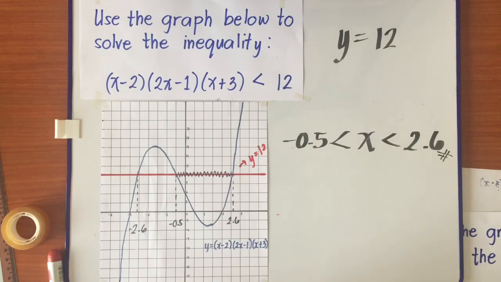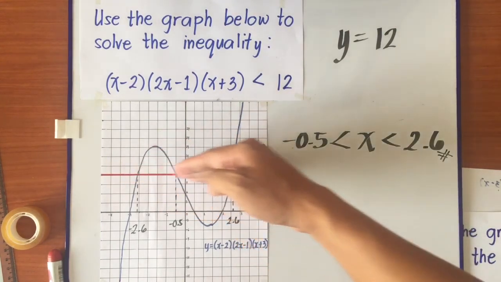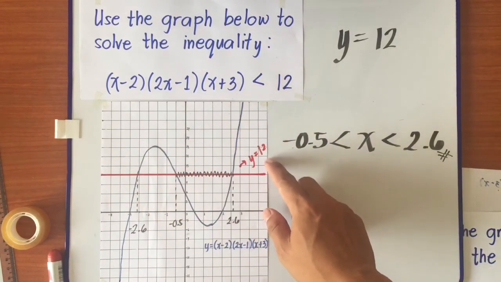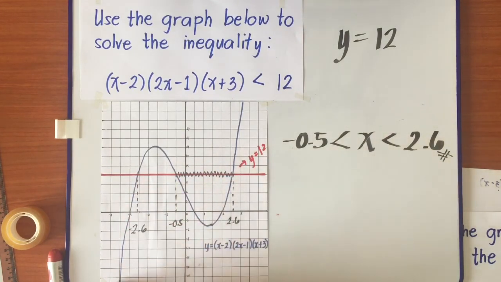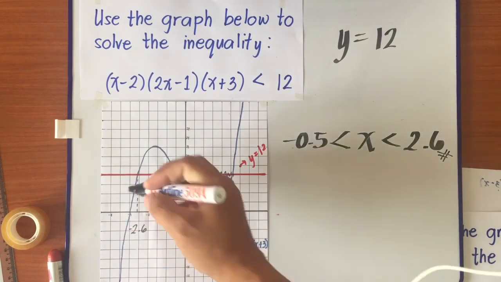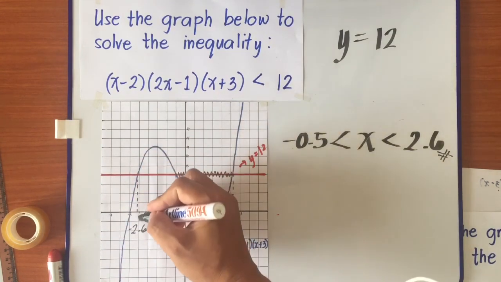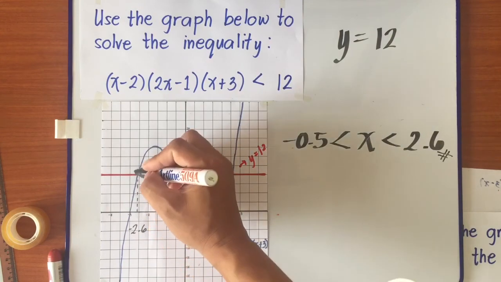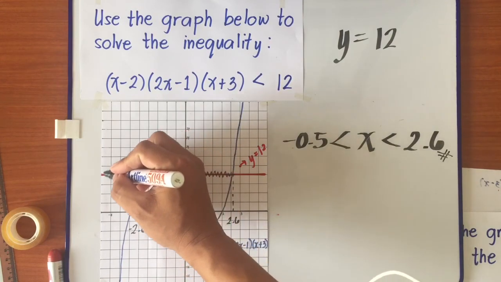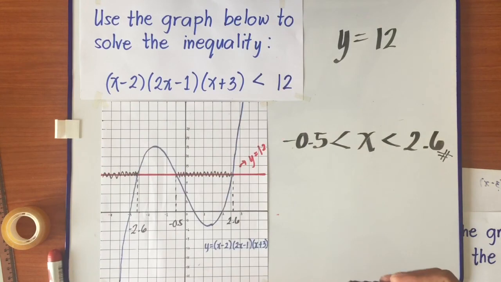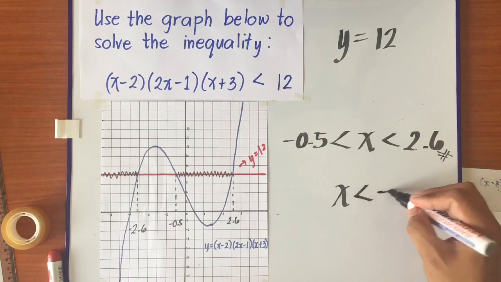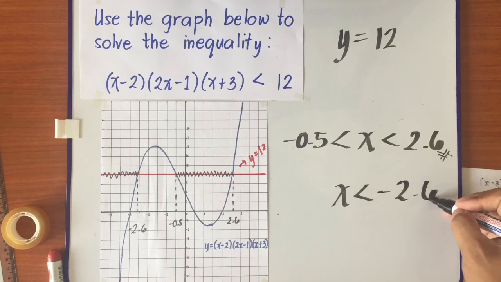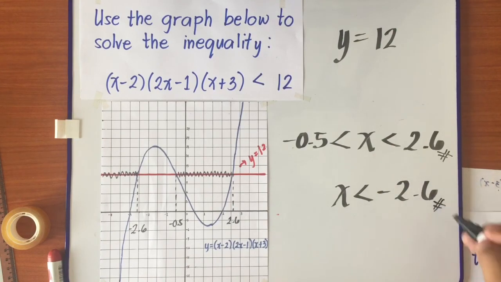Remember, below the red line, which is y is equal to 12, is not only this part, it's also this part. And what are the x values of this part? It is from the left of -2.6 going to -infinity. So it means x is less than -2.6, which is the second answer.